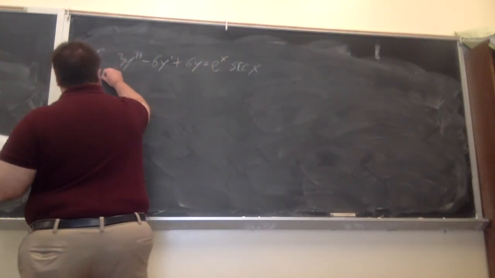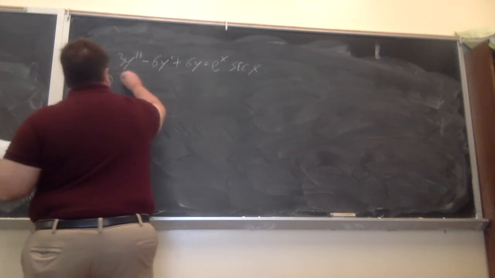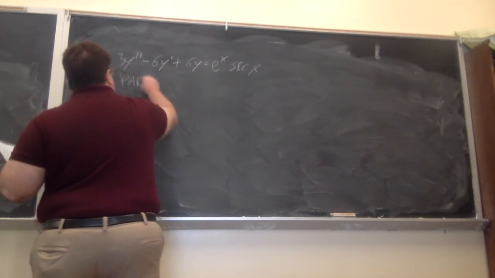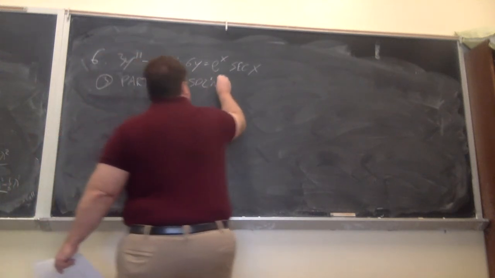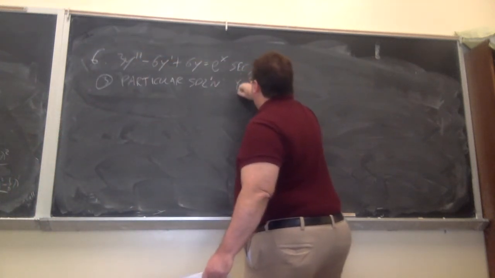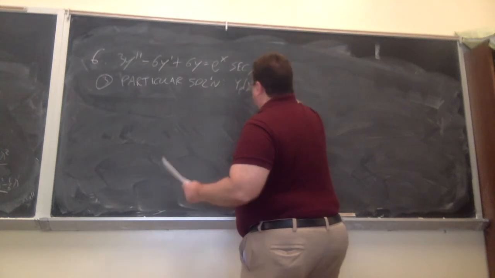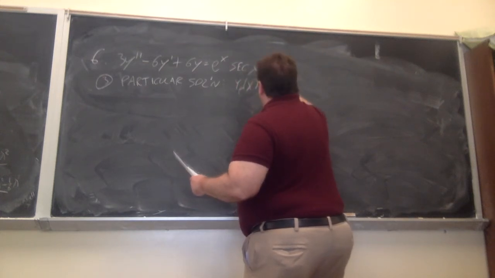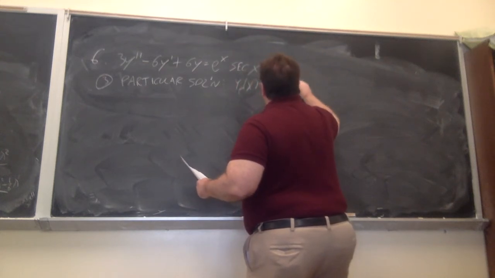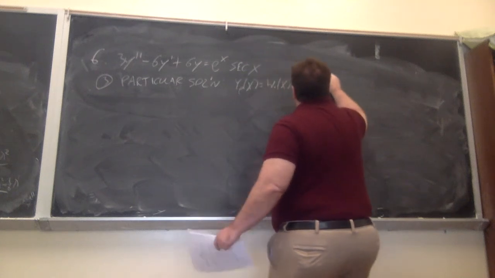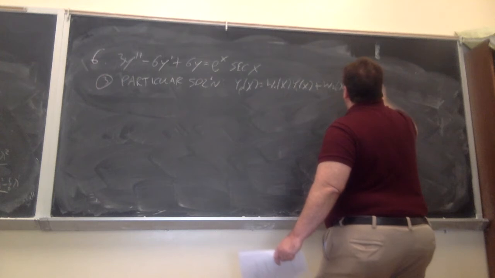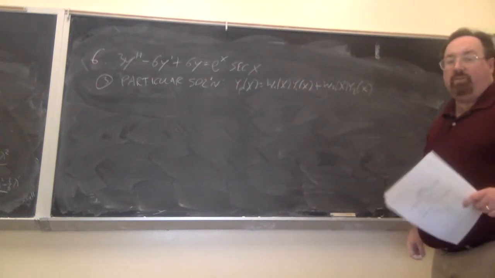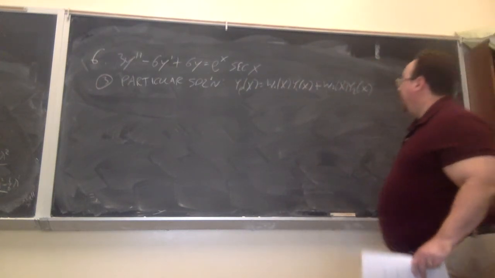Okay. So our next step is the formula for a particular solution: y_p of x is equal to w1 y1 plus w2 y2, where w1 and w2 are unknown, so we'll have formulas to get them.